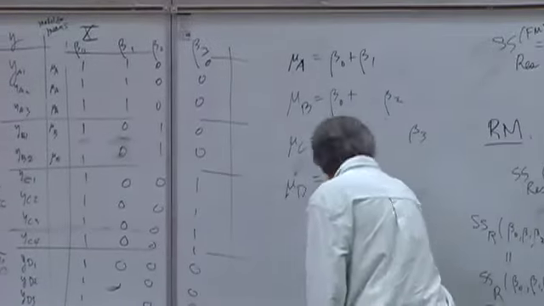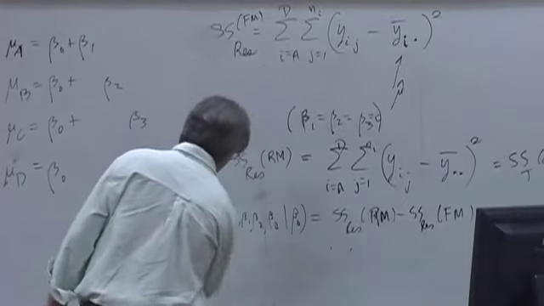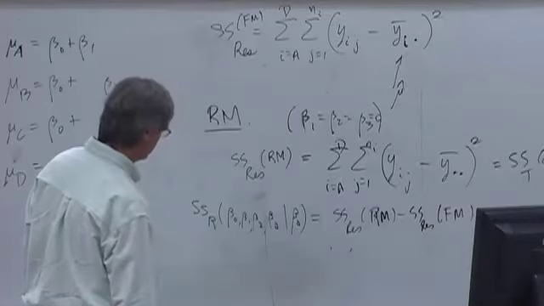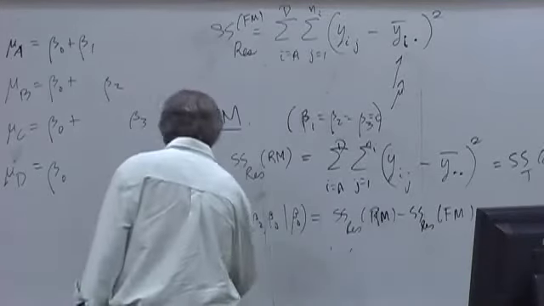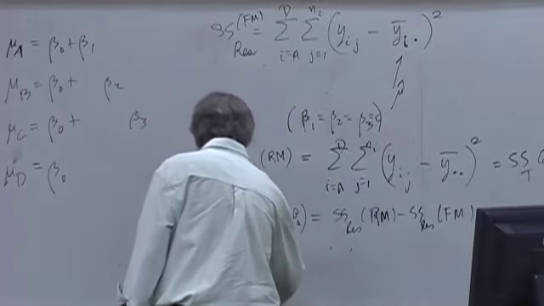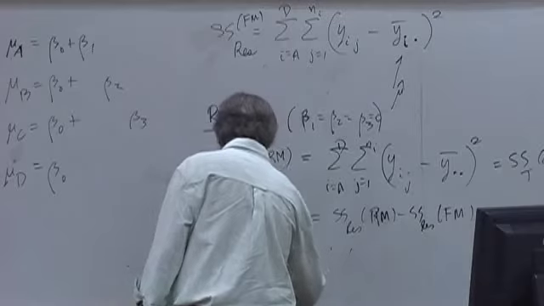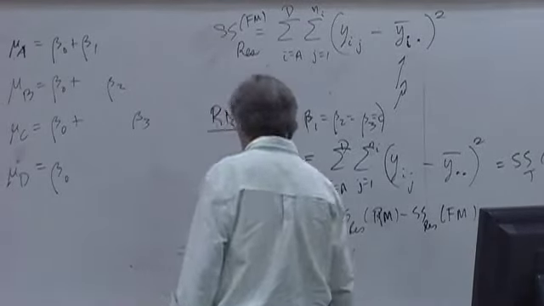This is minus. Let's put it this way. What this is, SSR beta 0, beta 1, beta 2, beta 3 minus SSR beta 0. Okay, we only have a beta 0 in the model.